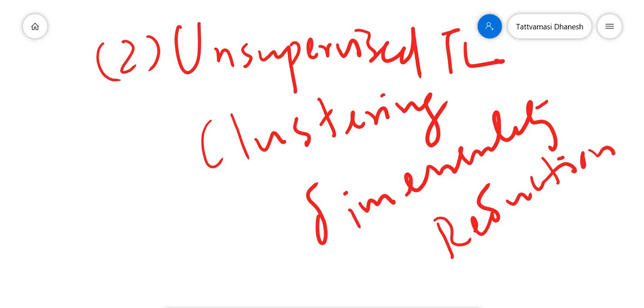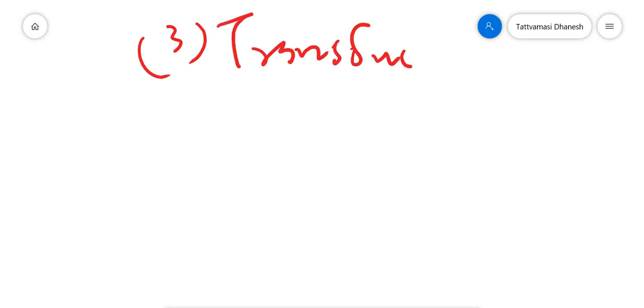The third strategy we use is transductive transfer learning. Here there are similarities between source and target tasks, but corresponding domains are different. Tasks are the same, but corresponding domains are different.